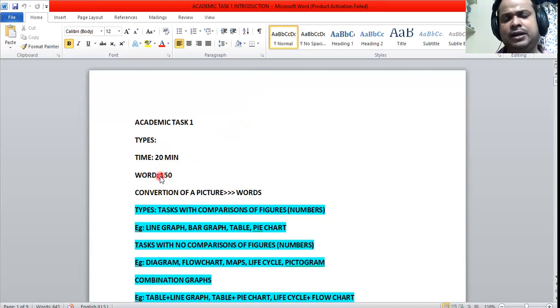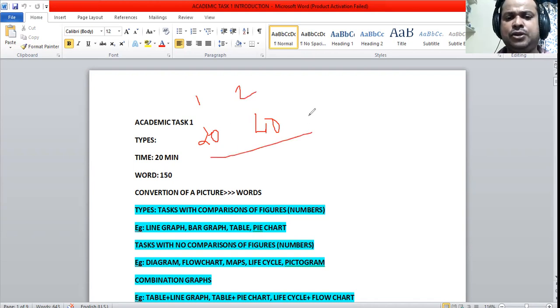And we need to write about 150 words here. For task two, the word count is almost 250 words. So we categorize the time: 20 minutes for task one and 40 minutes for task two.